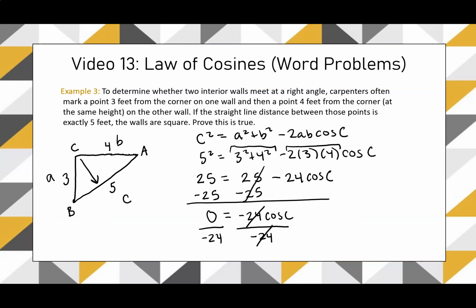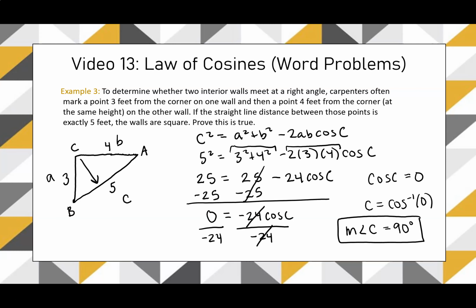That cancels. 0 divided by anything is still 0, so I'm left with cosine of C equals 0. I'm going to take cosine inverse of both sides, and I get C equals cosine inverse of 0. And you should check this, but yeah, I do get that my measure of angle C is exactly 90 degrees. That's kind of cool, isn't it? All right.